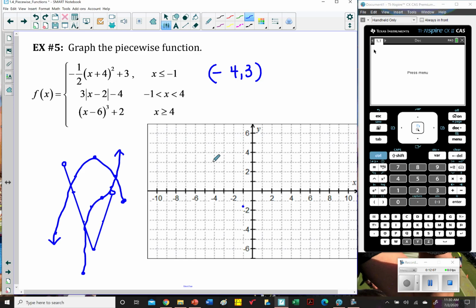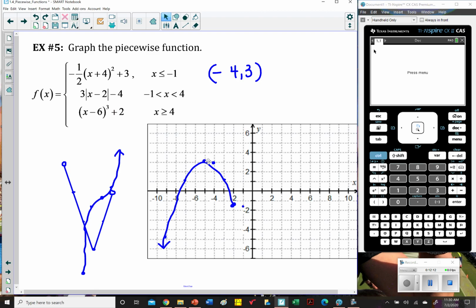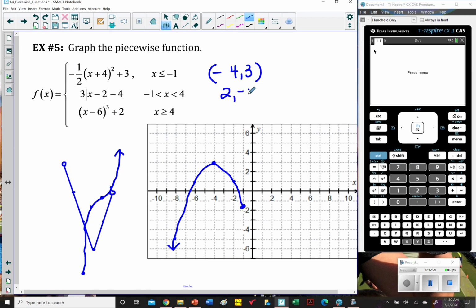We've got a vertex at -4, 3, and it's an upside down parabola that I've pre-drawn, and it should look something like that. The middle piece, using that same logic, it's got a slope of 3 on the absolute value, and the h, k value, our vertex, is going to be at 2, -4.